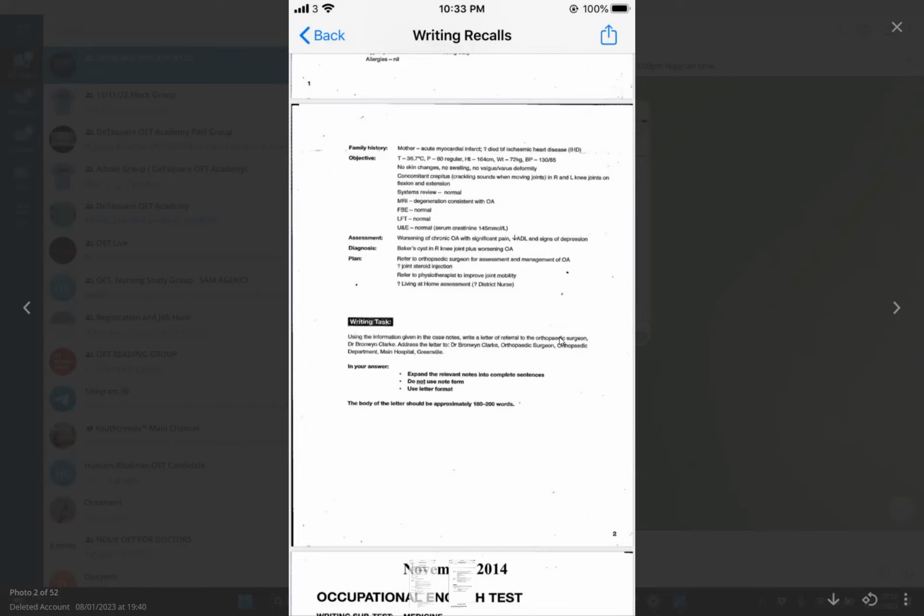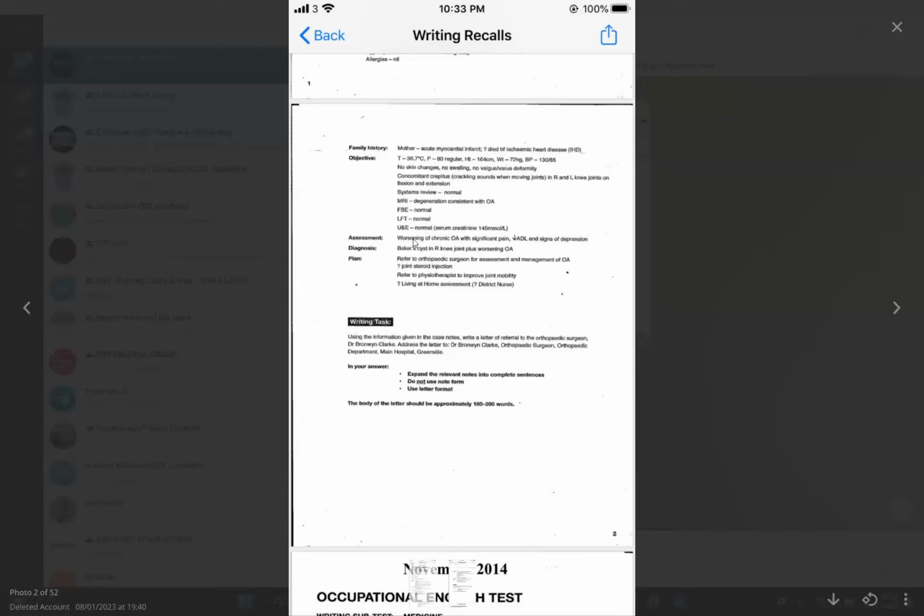Now the question will now be, what is the problem? Although they mention osteoarthritis, we want to get the full picture of what the problem is. Now let's go back. If you read from the beginning to the end of this case note, you can see they finally made an assessment that this patient is having worsening of chronic osteoarthritis with significant pain.